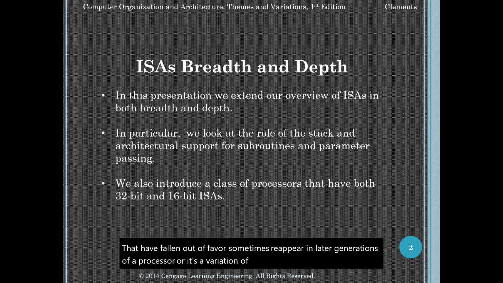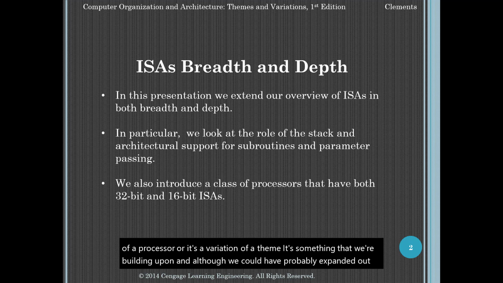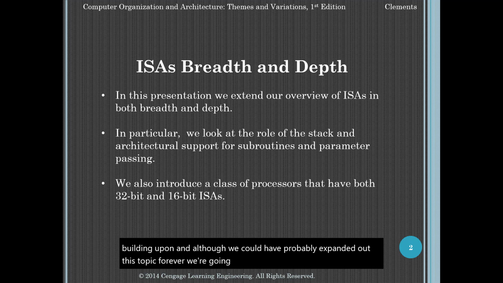It's something that we're building upon. And although we could have probably expanded this topic forever, we're going to be realistic and cover the things that hopefully are interesting and illustrative of the ways that we can carry out machine level operations.